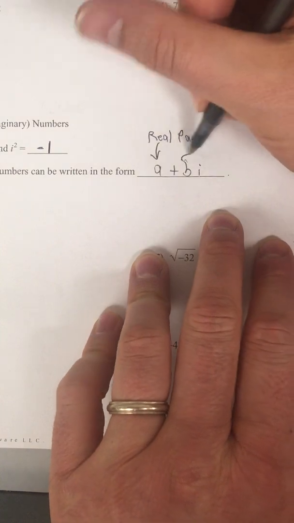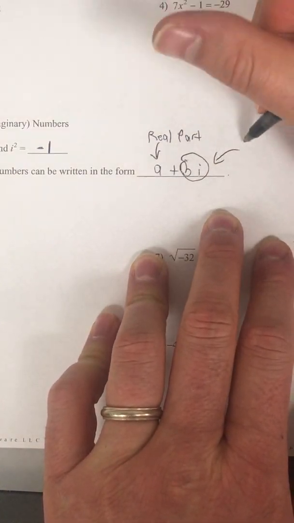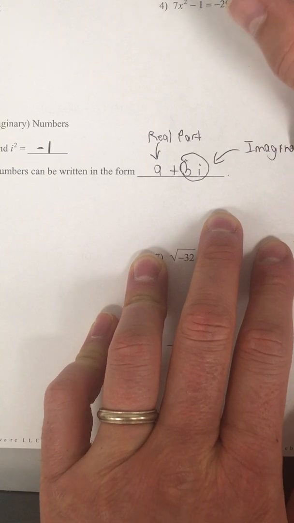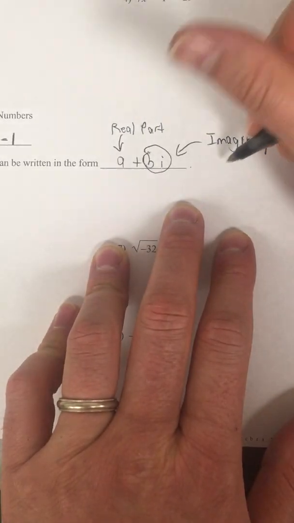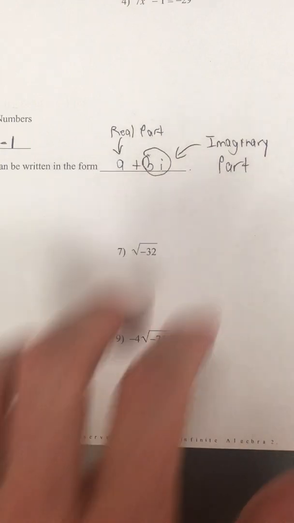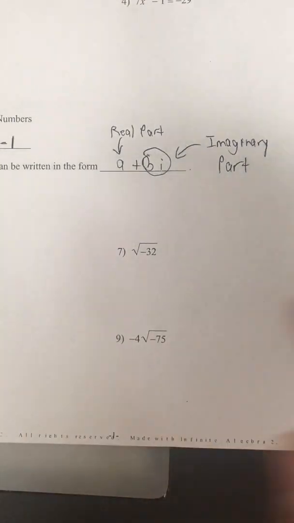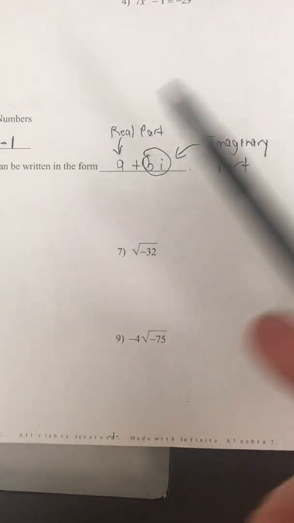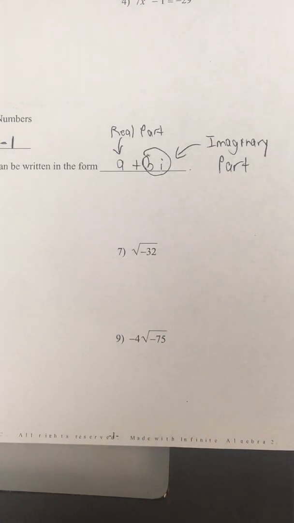And then the whole bi, that's the imaginary part. Any complex number can be written in this form, like 7 plus 2i.